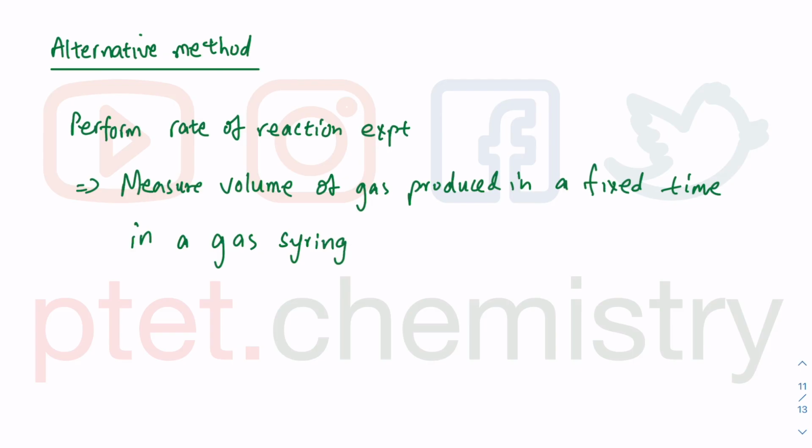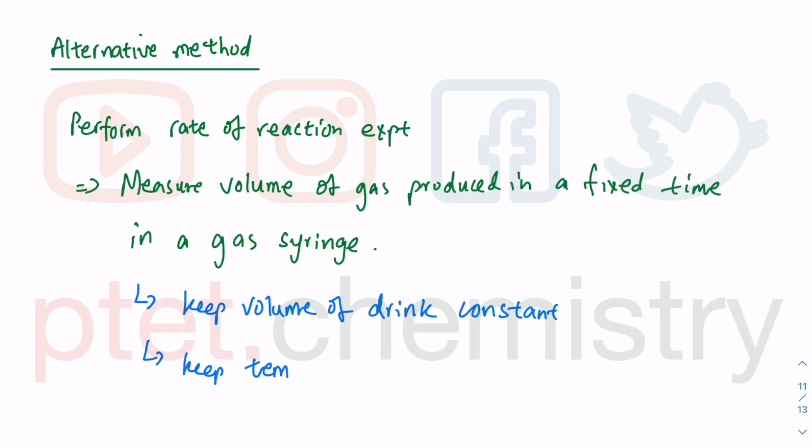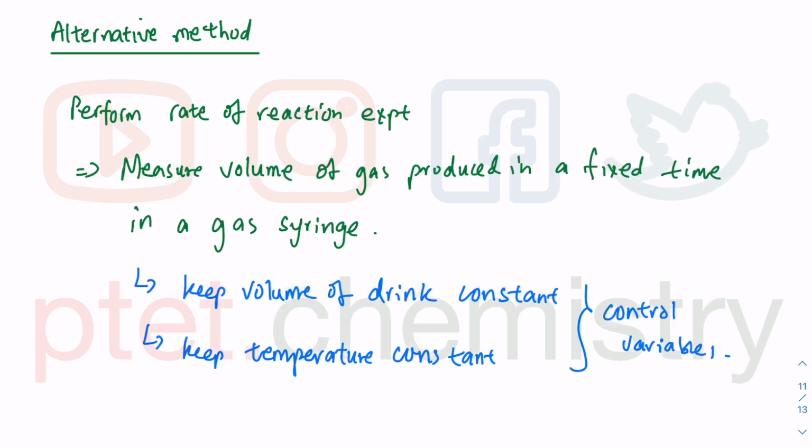Then we have to keep the volume of drink constant. What else? Temperature constant, because temperature could affect the rate of reaction. These are your control variables, because you don't want them to change in your experiment.